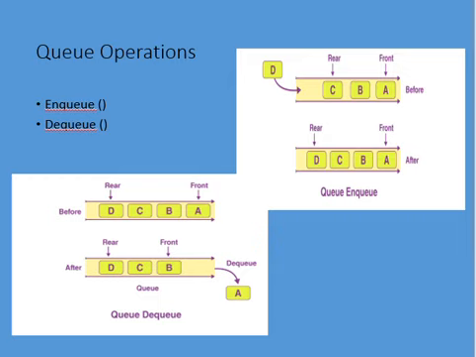If it is not full, then the rear pointer will be incremented. In the front, A is first added, then B, then C, then D. Now rear is incremented from A to B, B to C, and C to D. So the rear position will be incremented by 1.